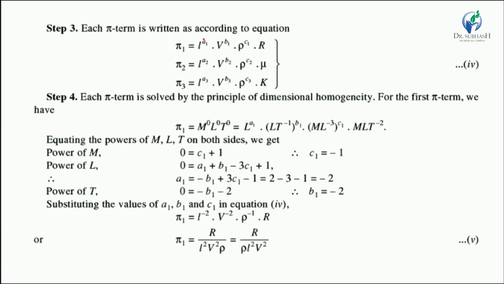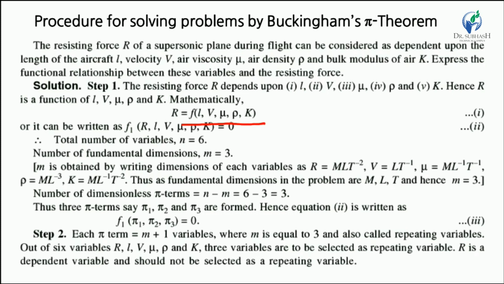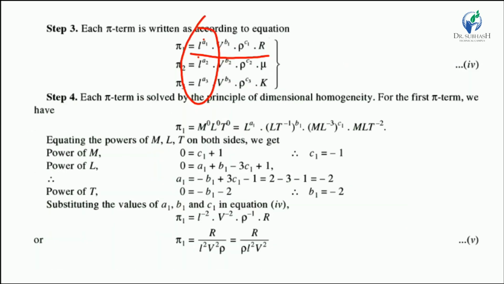First of all we have to decide the repeating variables and then the non-repeating variables. The rule for repeating variables is that the first repeating variable is taken from the geometrical property. We have 6 variables in which L is a geometrical property. So L is taken as the first repeating variable, and the second repeating variable is taken from the flow property of fluid.